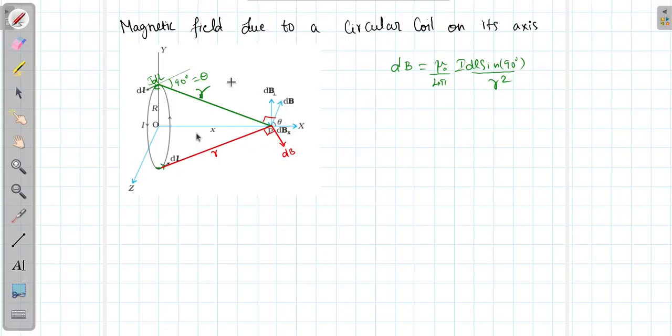If you resolve the dB, the dB vector is in this particular plane. We are resolving dB into two components. I'll draw it separately. So this one is dB and this one is another dB.